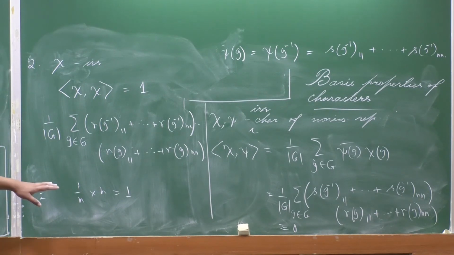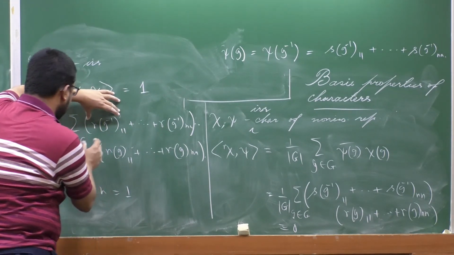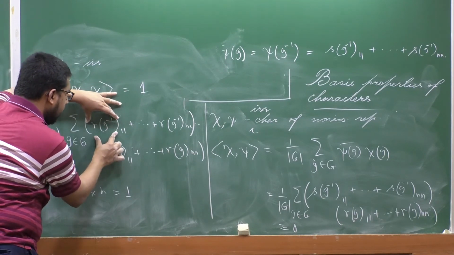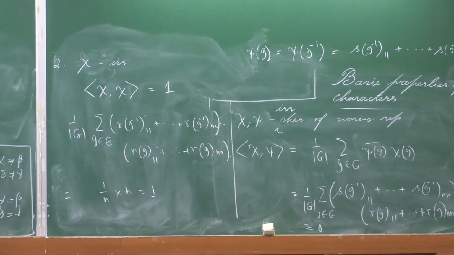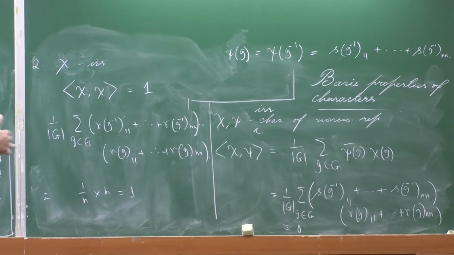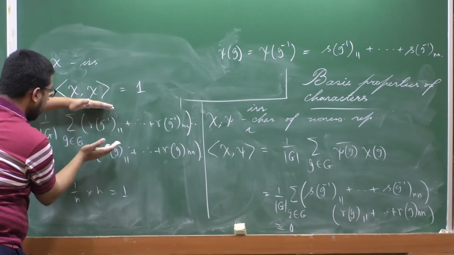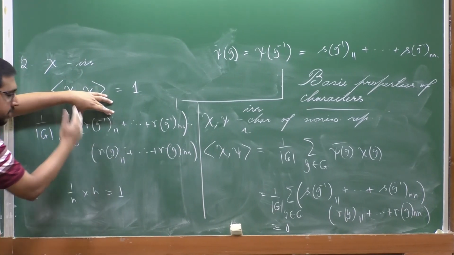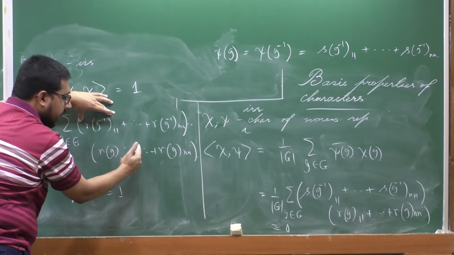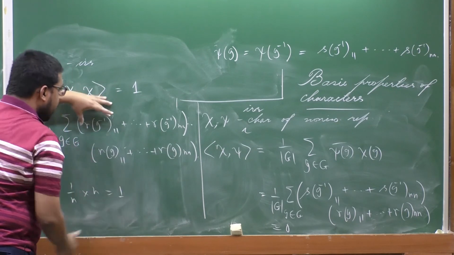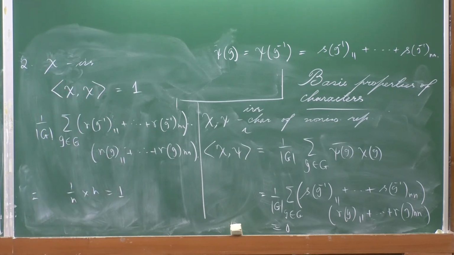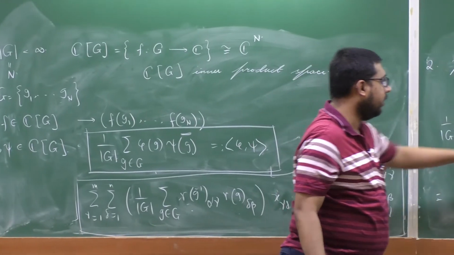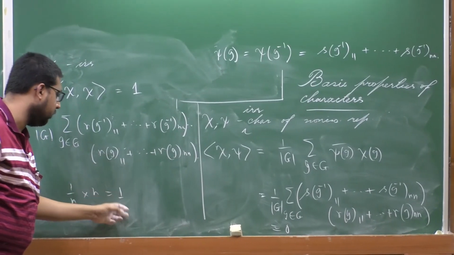So again let me repeat: the sum over g, if you take the terms from here and some other term there, then in view of this those sums are going to vanish. So taking the product of this and then summing it over g, that term will survive. Similarly the second term, third term, and whenever they survive these are going to be n, 1 by n, and we do have such n many terms, therefore it will be 1.